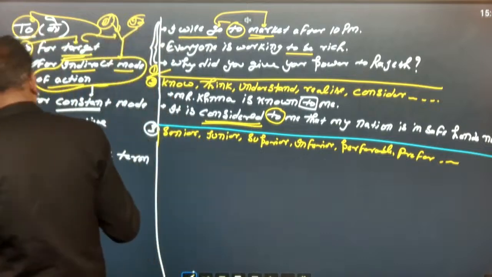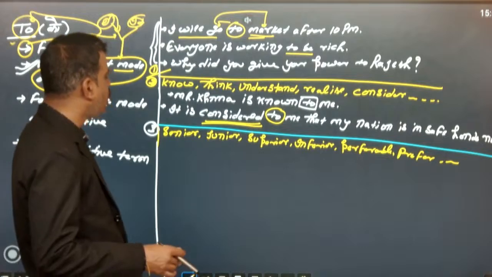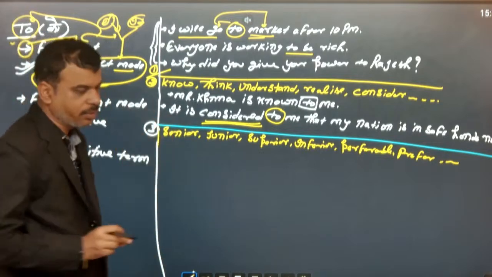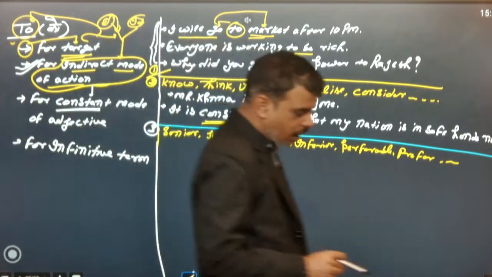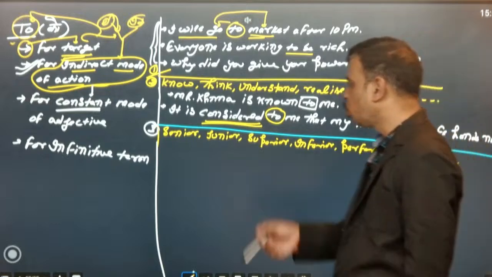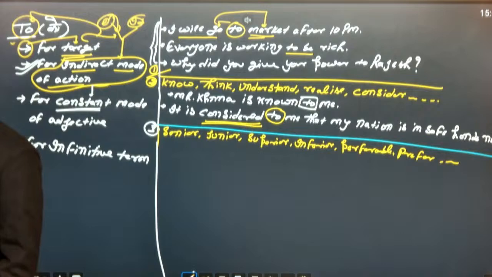So these are the words that we generally use in terms of constant mode of adjective. And whenever we have these words, to reflect the position of a constant adjective, we go with to.